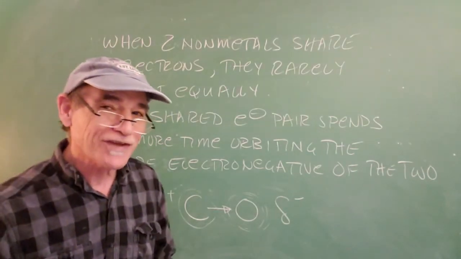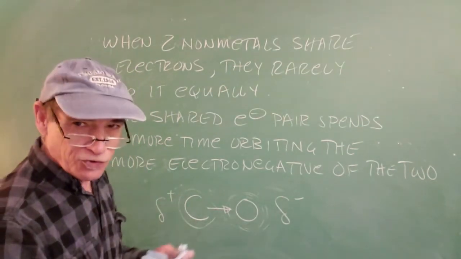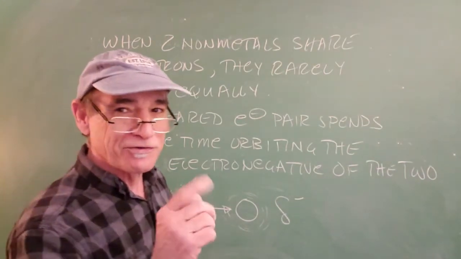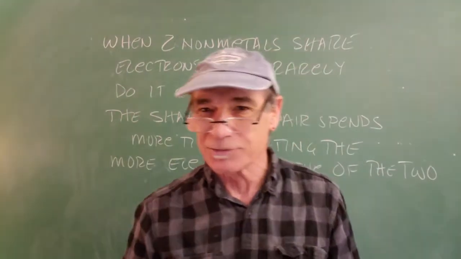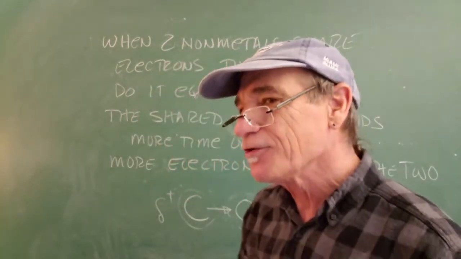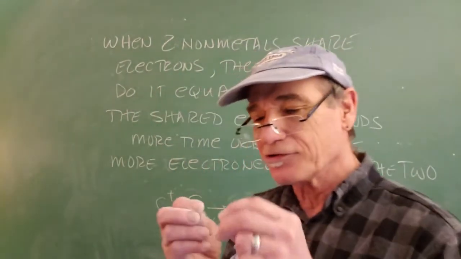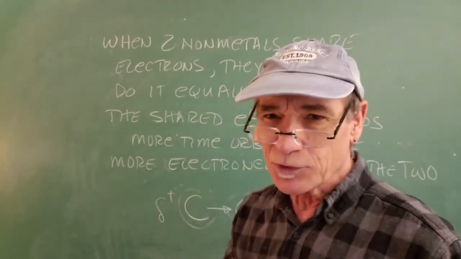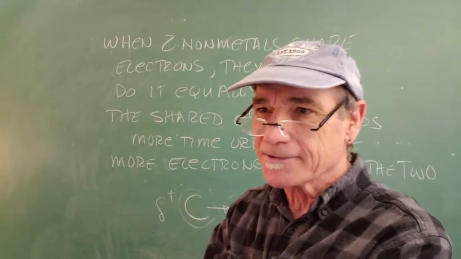In order for this unequal sharing to be noticeable, this is where Linus Pauling's electronegativity scale really comes into play. When two atoms are identical and their electronegativities are the same, they share the electrons perfectly equally. That's called a nonpolar bond.